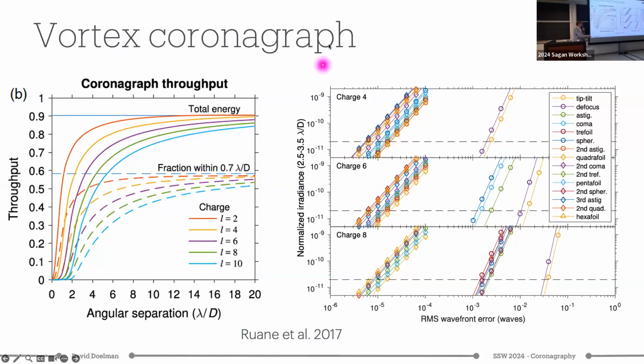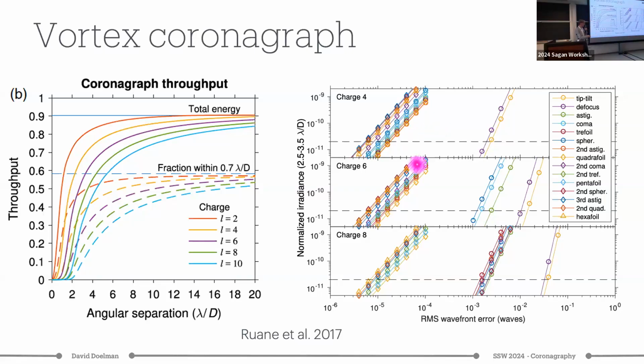Moreover, if we look at a charge 4 mask, for example, we see that there are many aberrations. So this is how much aberration you put in. This is very little, this is a lot. How much does my contrast change? For certain modes, which are Zernike modes, even if we put in a picometer for visible light, we already see the contrast ratio starts exceeding our 10 to the minus 10 contrast ratio.